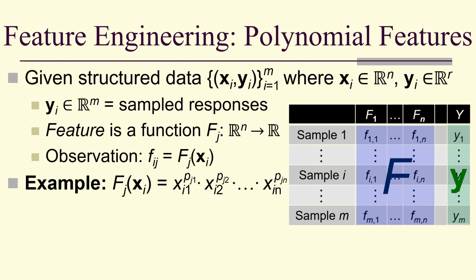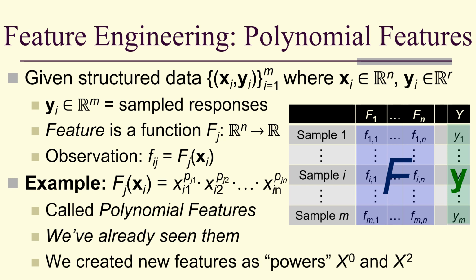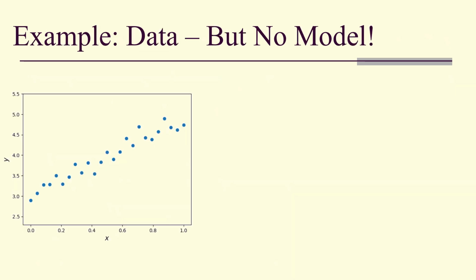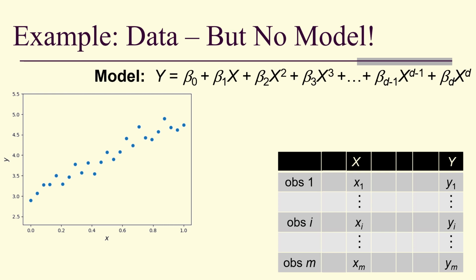A good example is when the features are functions that are defined by powers of the individual x variables. They're called polynomial features. We've seen them already. So we created new features like powers x to the 0 and x squared. So suppose we have data but no model, and we have the x and the y.